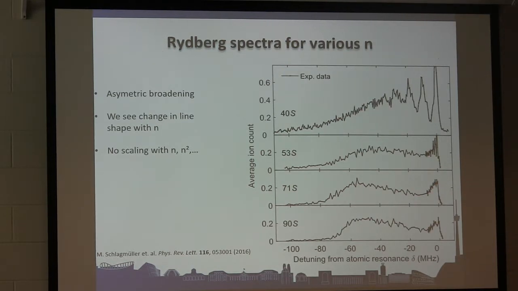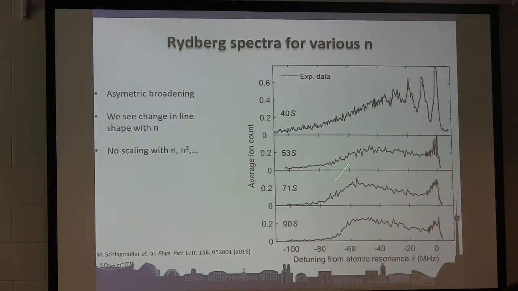So for the Rydberg molecules, of course, the binding energy depends on the n, but once you go to this very high density region, there's no scaling with n or n squared or whatever, but it's always almost the same. And this is actually due to the fact that in the same way the potential gets shallower, so the binding energy of a single Rydberg molecule reduces, but in the same way the orbit gets larger, and then there are many more atoms inside this Rydberg orbit which contribute to this overall shift.